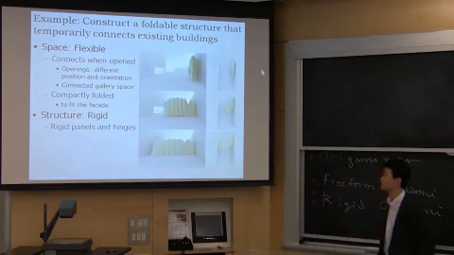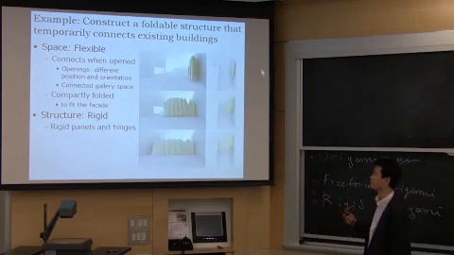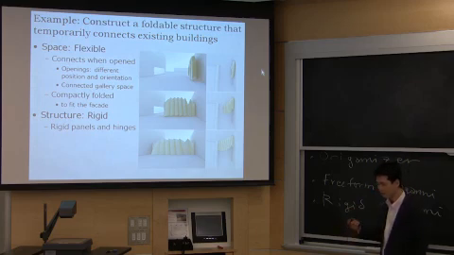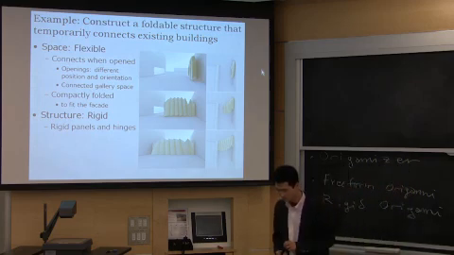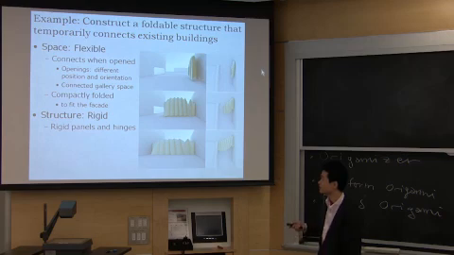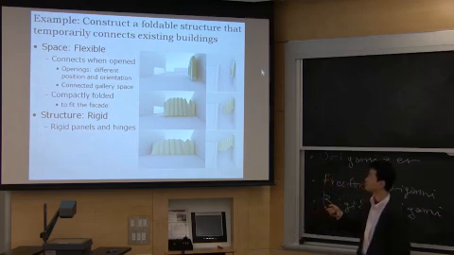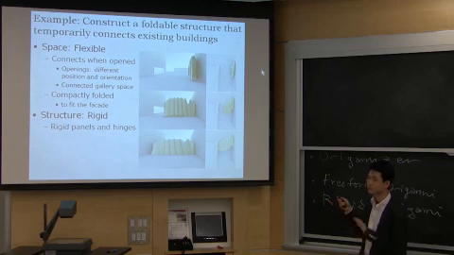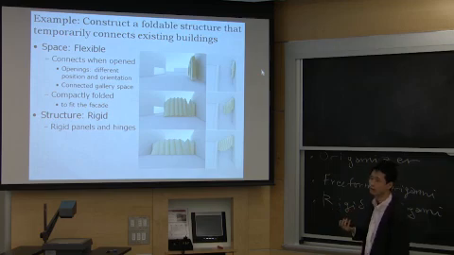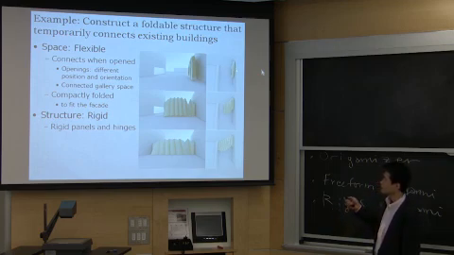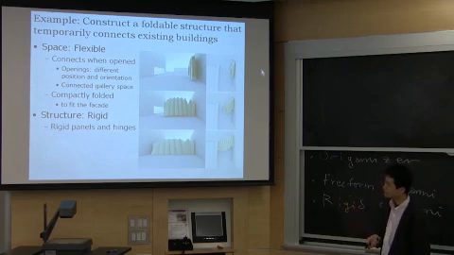Okay, and I would like to give an example of rigid origami design for architecture. In this example, we are given existing building openings, and we want to connect these openings temporarily, and I want that to be compactly folded to fit this facade.